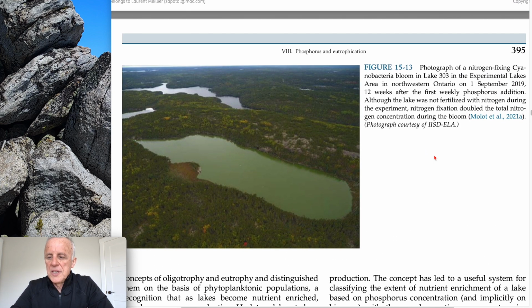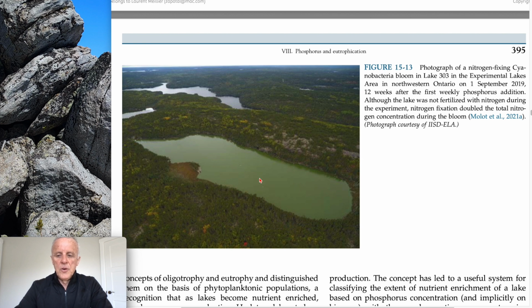Photograph of a nitrogen fixing cyanobacteria bloom in Lake 303 in the Experimental Lakes Area in northwestern Ontario on 1 September 2019, 12 weeks after the first weekly phosphorus addition. Although the lake was not fertilized with nitrogen during the experiment, nitrogen fixation doubled the total nitrogen concentration during the bloom. So here we have a cyanobacterial bloom that has happened after the lake was seeded with phosphorus, but not with nitrogen.